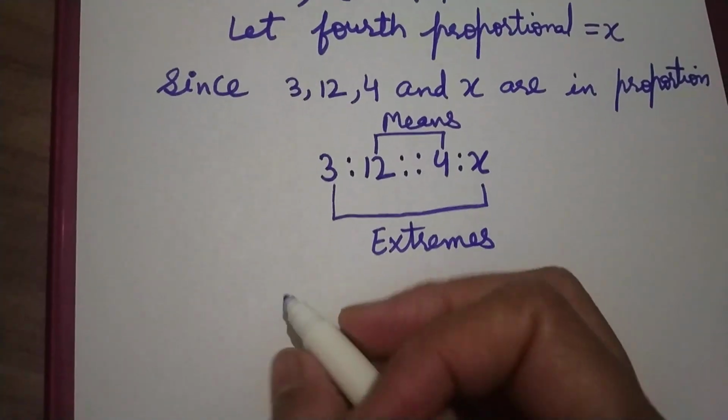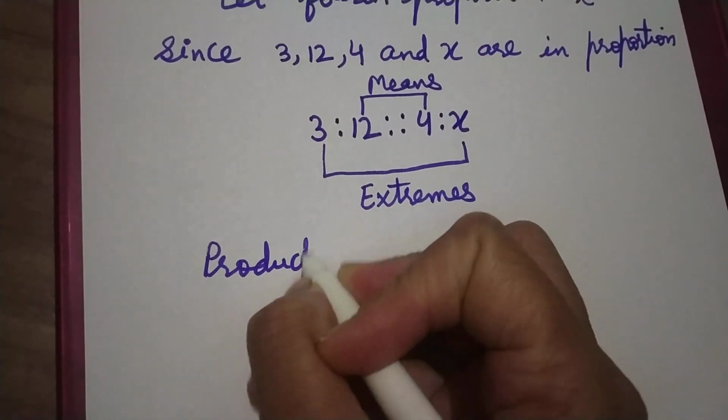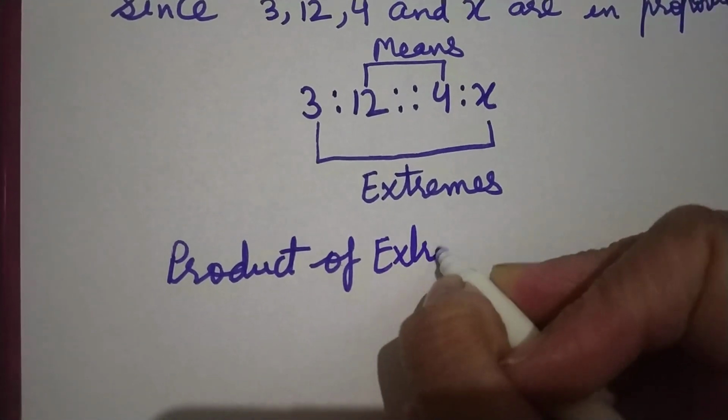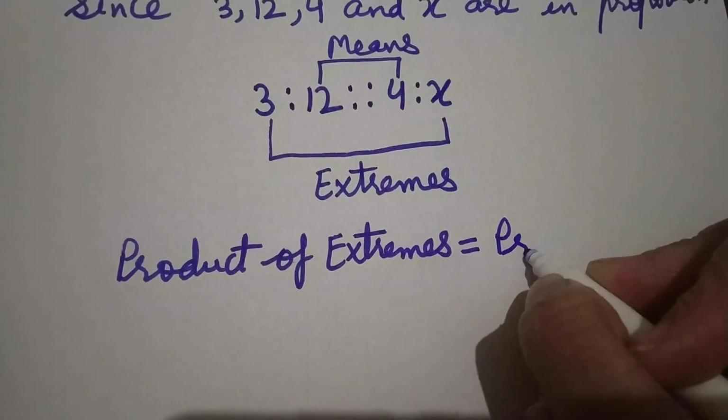Now, since they are in proportion, the product of extremes is equal to the product of means.